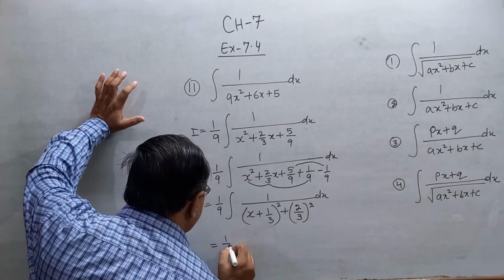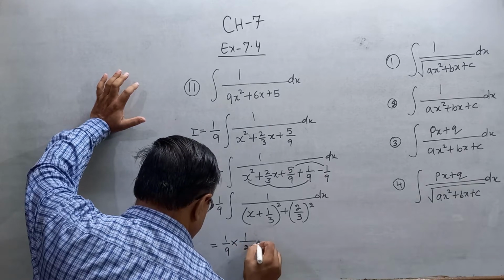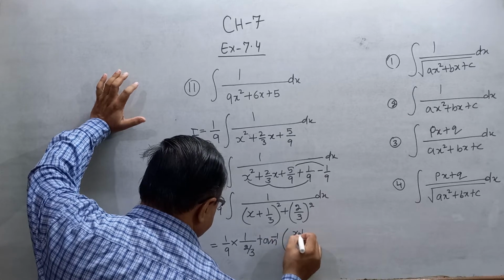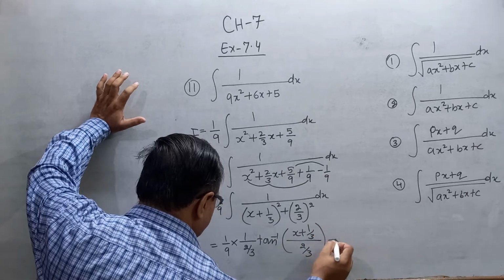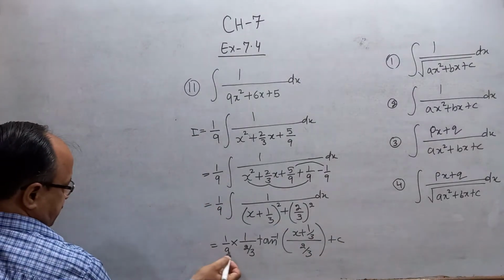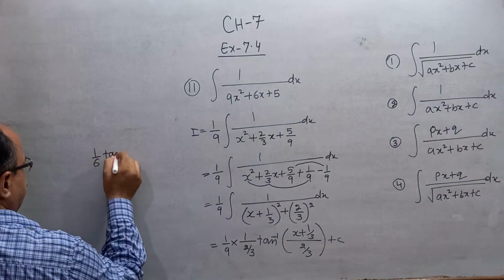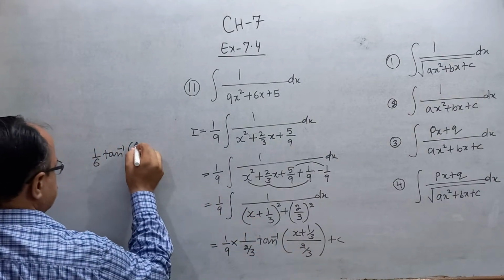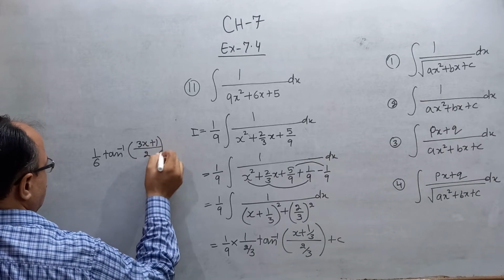That is 1 by 9, 1 by a, 2 by 3, tan inverse x plus 1 by 3 upon 2 by 3, plus c. Now simplify, 3 into 3 cancel, 1 by 6 tan inverse, take LCM here, 3x plus 1 upon 2.